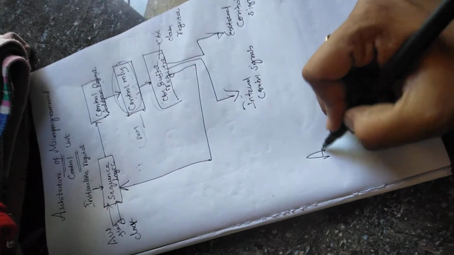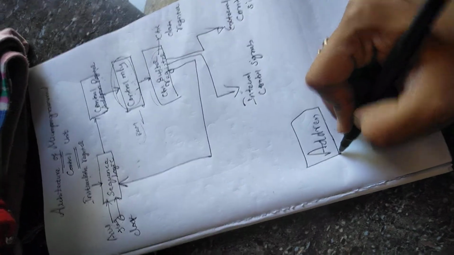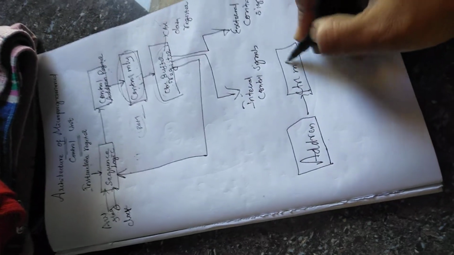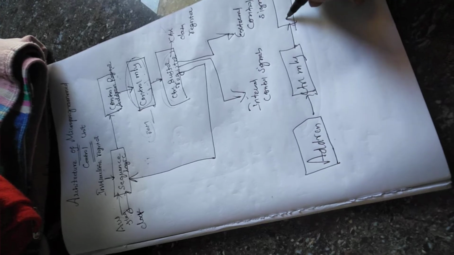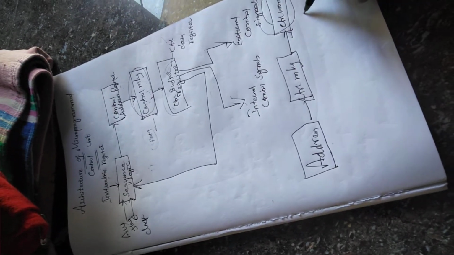Here we can draw it like this. Based on the address, the operation is transferred to the control memory. Afterwards, the instructions are transferred to the control word, which consists of the micro instructions.